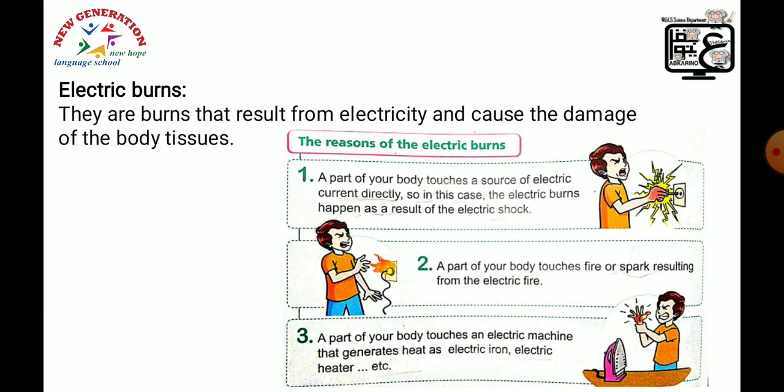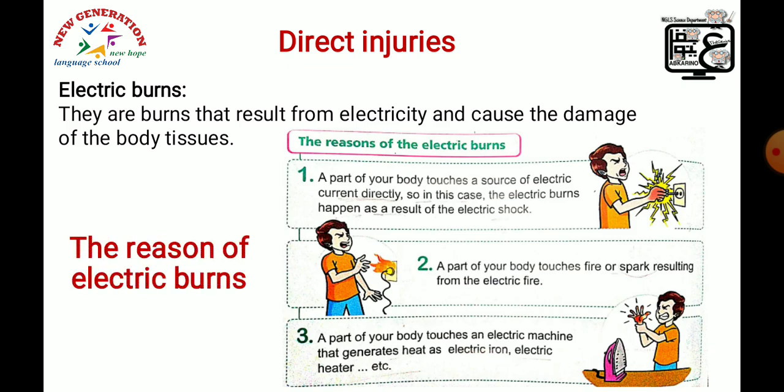And number three, we are going to talk about the electric burns. They are burns that resulted from electricity and cause the damage of the body tissues. And now we are going to talk about the reasons of electric burns. Number one, a part of your body touches a source of electric current directly.